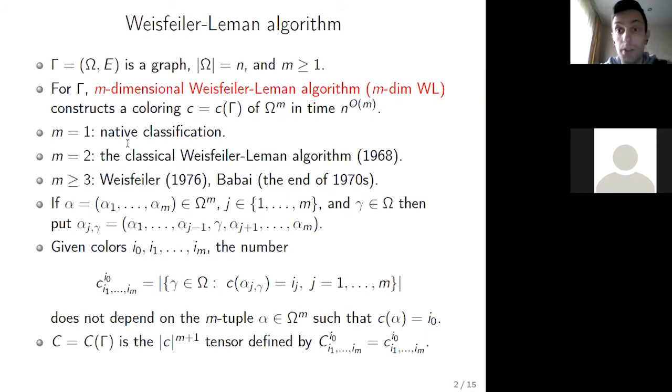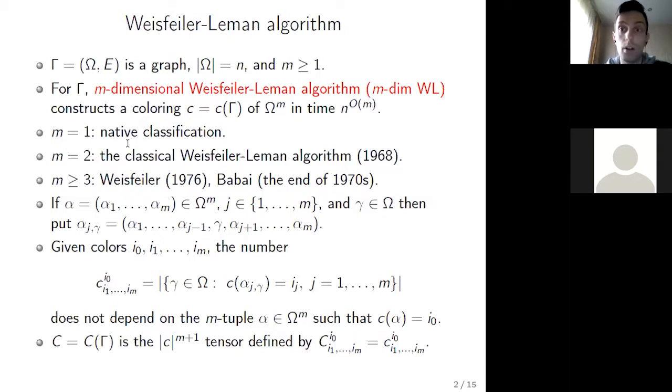The classical Weisfeiler-Leman algorithm was introduced by Weisfeiler and Leman in 1968, and this algorithm constructs for a given graph a partition of the Cartesian square of its vertex set, and this partition defines the corresponding coherent configuration.